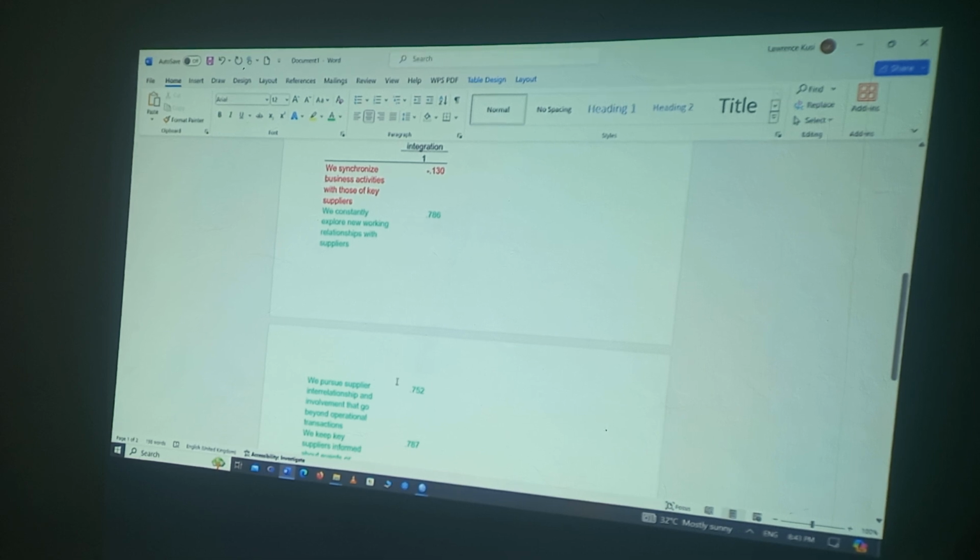So in this case, we say that with the exception of the item, we synchronize business activities with those of key suppliers, all the remaining items are valid items measuring supplier integration. David? And is this a typical confirmatory factor analysis?